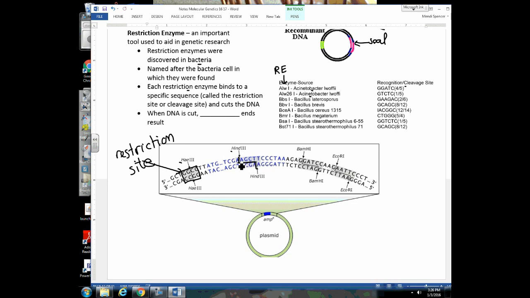If we open up the DNA here, you're going to see this A is no longer bound to a T, and this G is no longer bound to a C. Same goes for the DNA on this strand: that T is not bound to an A. We cut them apart. So we say that these ends generated by the restriction enzymes are called sticky ends. These sticky ends have unpaired bases that we can use to join other DNA in that area.